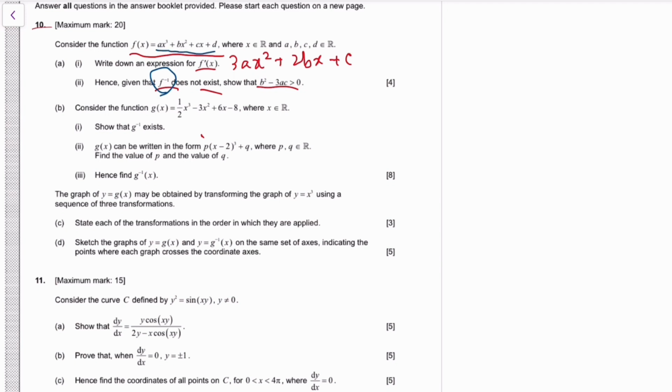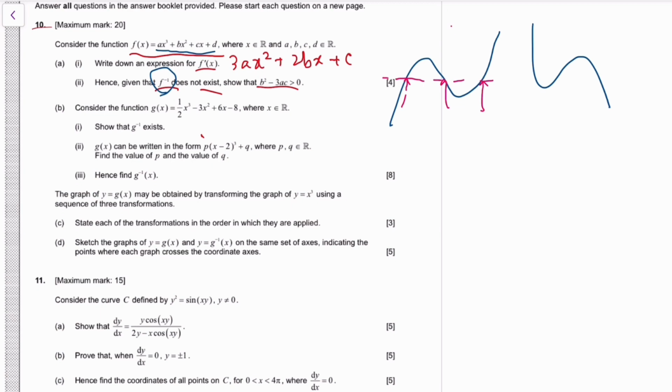If your cubic looks like this or this, then it does not have an inverse. The reason is they fail the horizontal line test, because there exist multiple x values that give you the same y value. So this is a many to one function, hence there's no inverse.